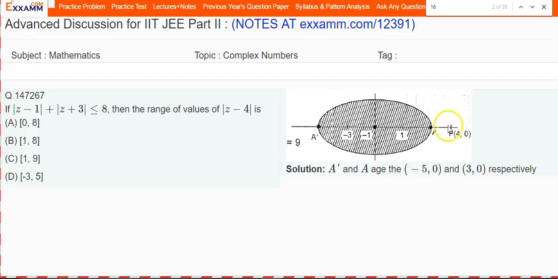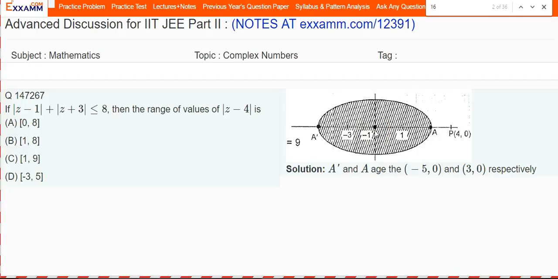Because if you draw a line like this rather than a line joining P to the center, then this line intersects the ellipse here, so this distance is greater than this, so this distance is not the minimum distance, and this distance is less than this particular distance. So we know that in all such cases we should always draw a line joining point P to the center of the ellipse.